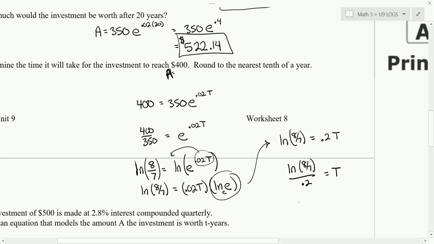And I get a decimal value, and then round it to the nearest tenth. So I get 6.7 is equal to t. So 6.7 years.